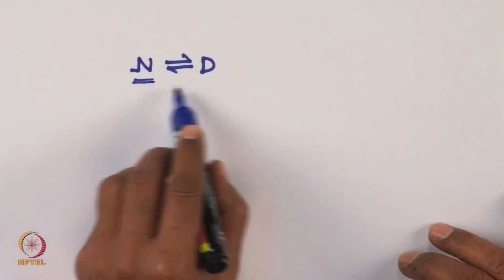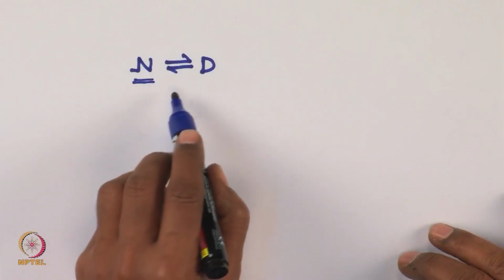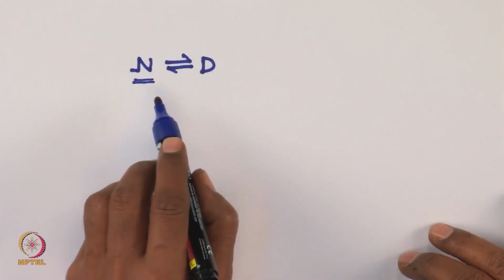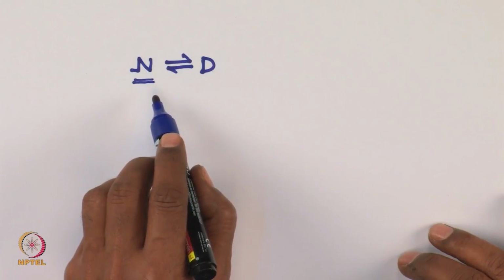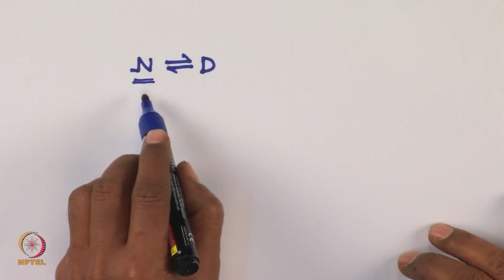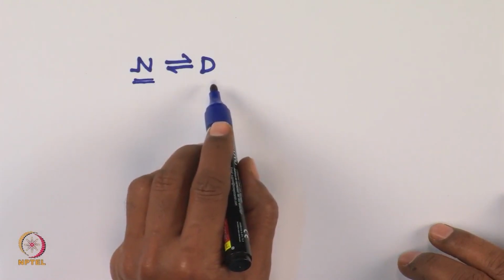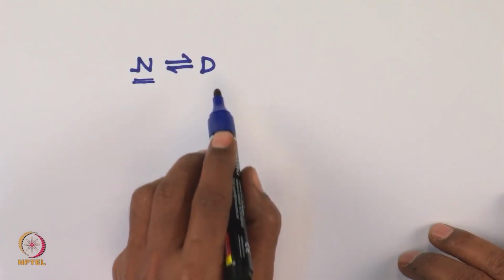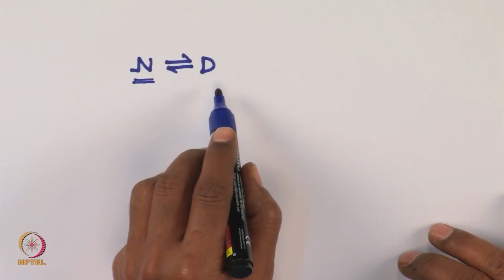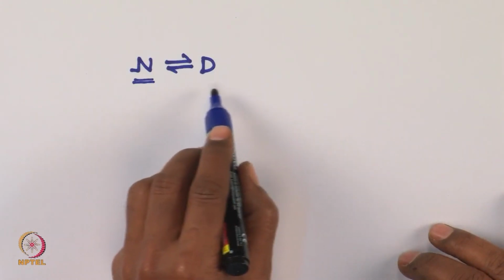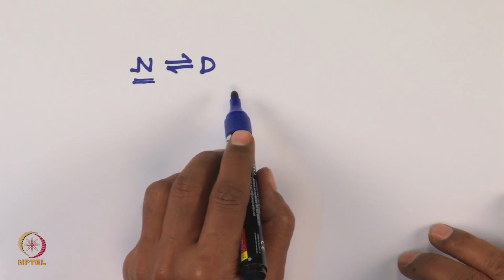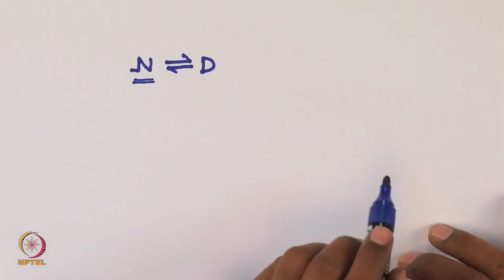For example, if any additive interacts preferentially with the native state, it will shift the equilibrium towards N and lead to the thermal stabilization of the protein. That means the transition temperature will increase. And if any additive interacts preferentially with the denatured state, the equilibrium will be shifted towards the right and the transition temperature will decrease.